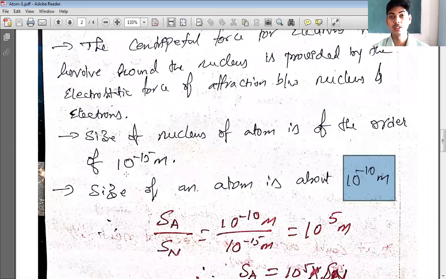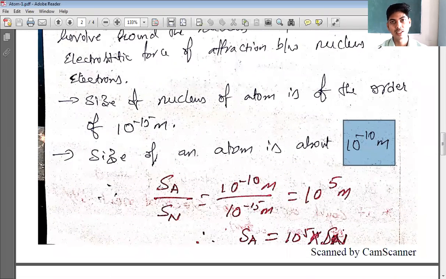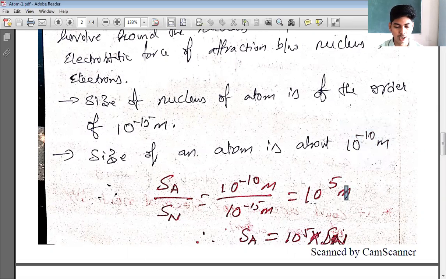Look, size of nucleus is 10 power minus 15 meter. This we call a Fermi meter. 10 power minus 15 meter is called a Fermi meter. And size of an atom is 10 power minus 10 meter. If we compare the size of an atom with size of nucleus, where SA represents size of atom and SN represents size of nucleus, the meters will cancel.